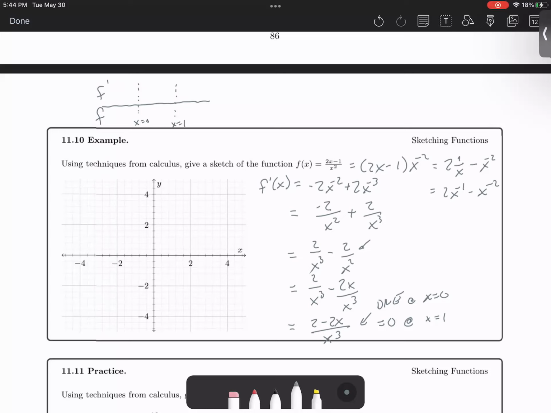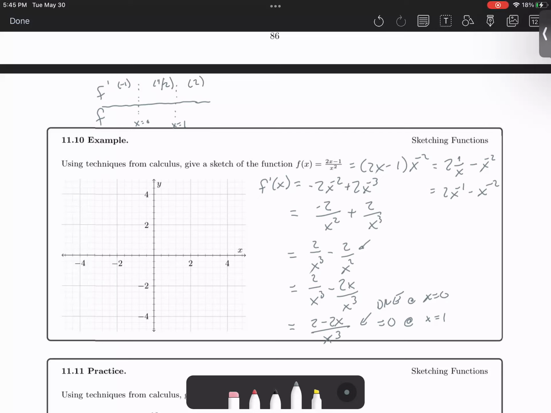All right, we need to give ourselves some test values. So let's look at minus 1, 1/2, and let's say 2.